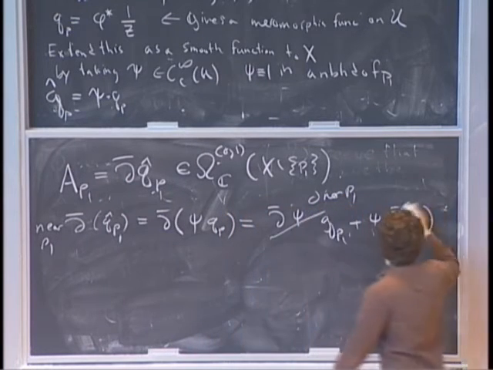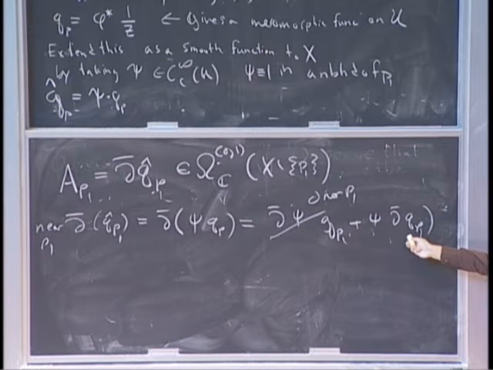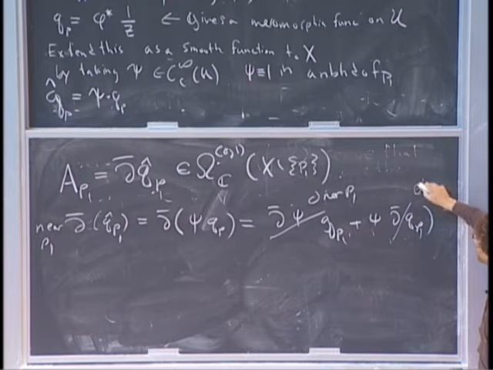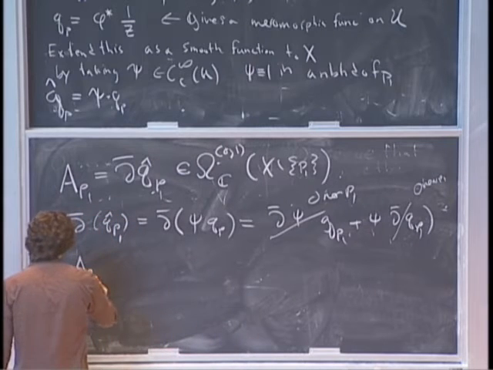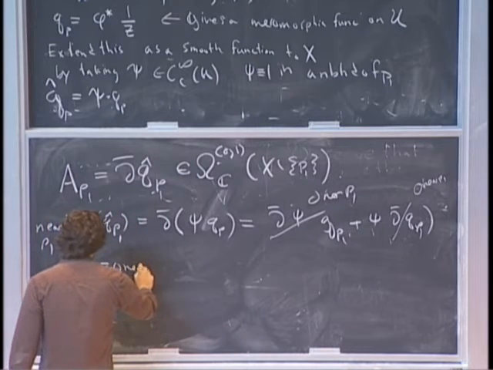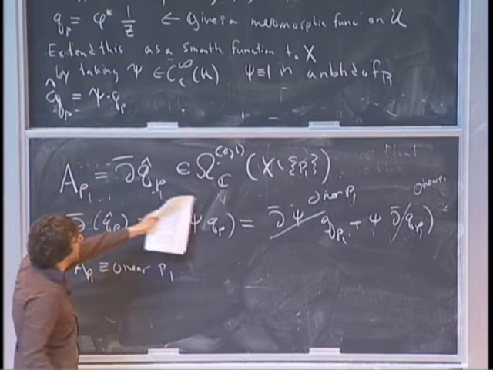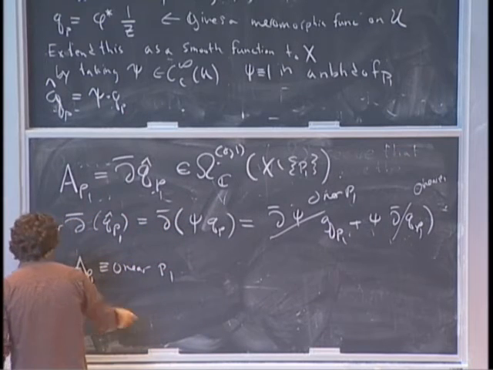On the other hand, this guy is a meromorphic function near P1, and so near P1 this is 0. So actually A is identically 0 near P1, so we can extend it over the point P1.